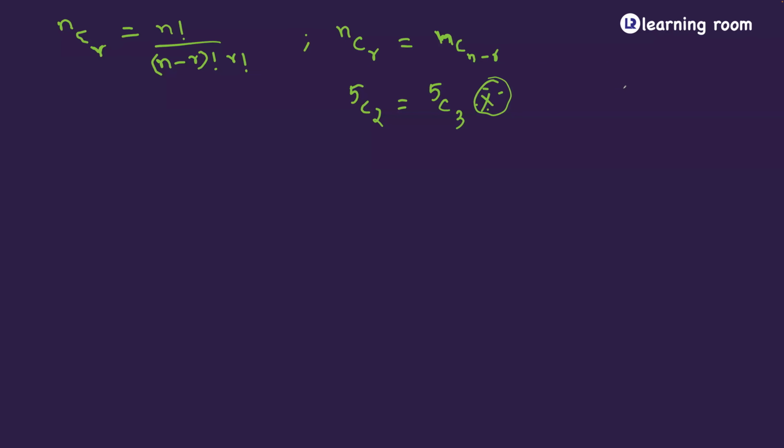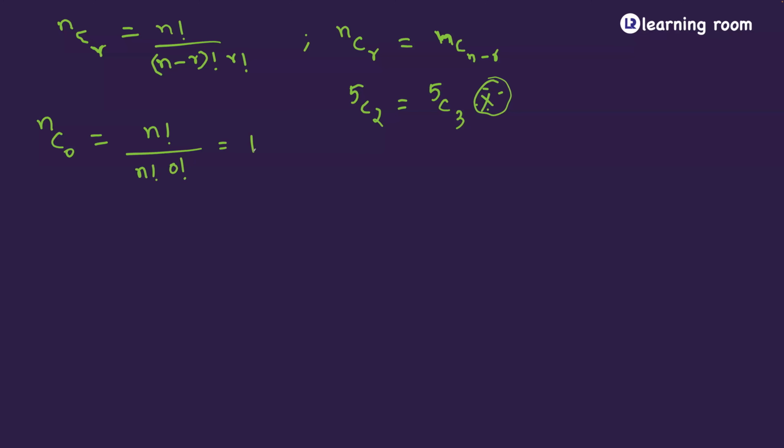Now, if you see, I told you this 5C2 is equal to 5C3, right? Now the question is, what is nC0? Anything C0 can be written as n factorial divided by (n minus 0) factorial, which is n factorial into 0 factorial. So n factorial by n factorial is going to be 1 and 0 factorial is 1.